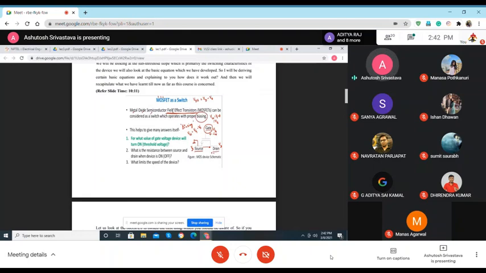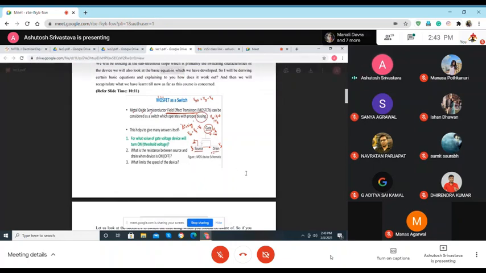We've already talked about metal oxide semiconductor field effect transistor. Why is it called field? Because you have the current going, in this case of an N type transistor, from source to drain.